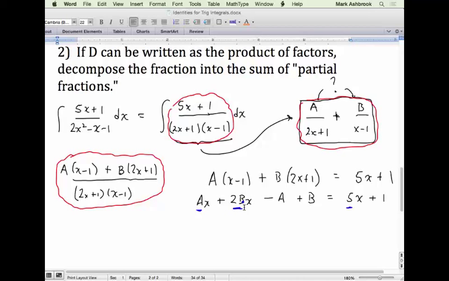If I factor out an x, I'd have a plus 2b. So a plus 2b has to be 5, the coefficient of x. And then our constant: this whole thing is our constant, and that's equal to 1. Opposite of a plus b has to equal 1.